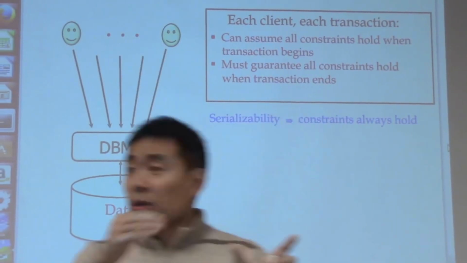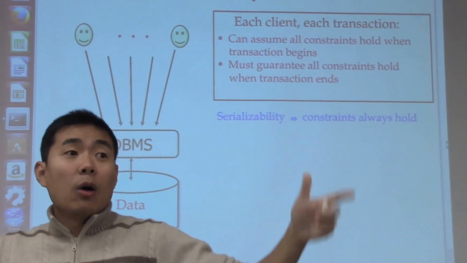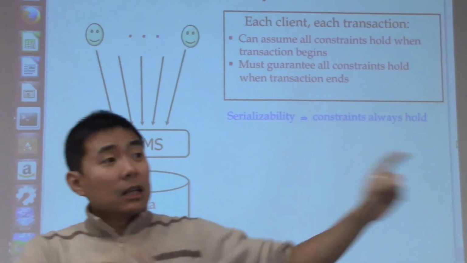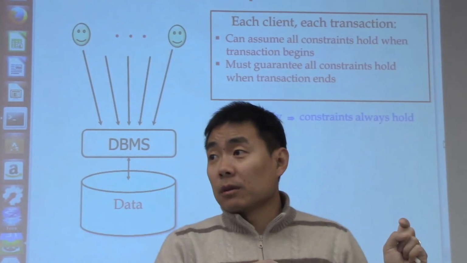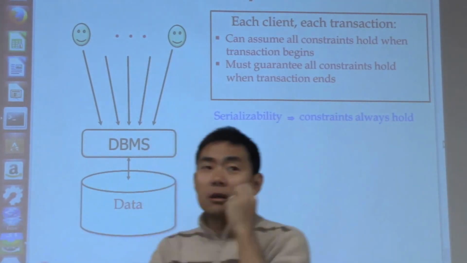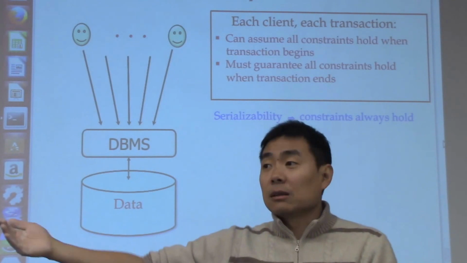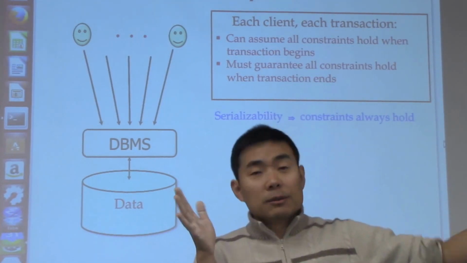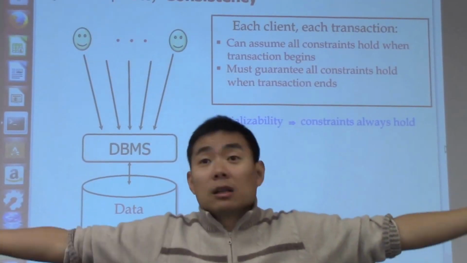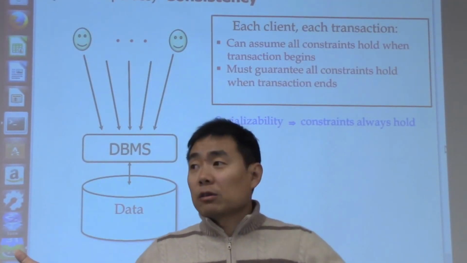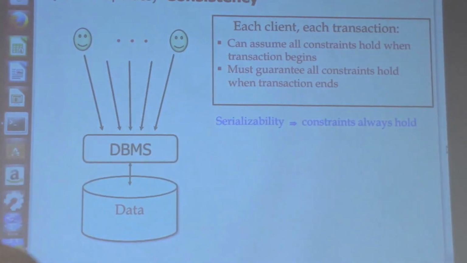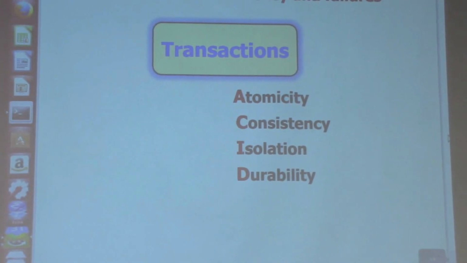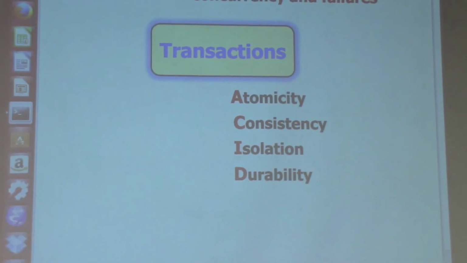So if you execute them in serial order, obviously the database is always in a consistent state. So the serializable isolation level automatically gives you consistency. In essence, you are executing the transactions in sequential order, and each transaction on its own must honor all functional dependencies. And if you execute them in serial order, the database still honors all functional dependencies. That's just a simple argument. So that's the ACID property, and we're done with the overview of transactions.